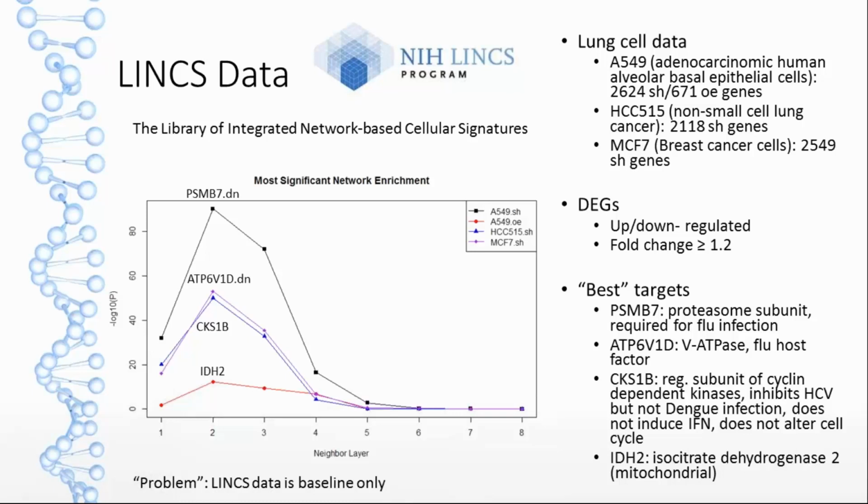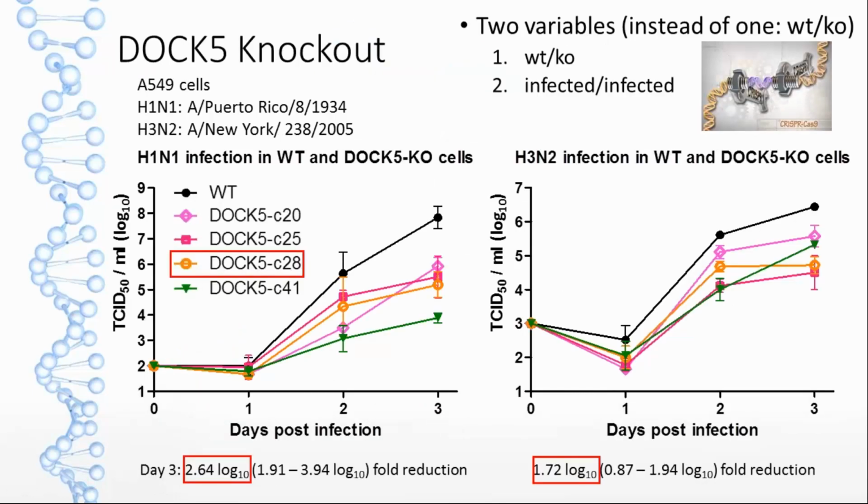So in a similar sense to the LINCS approach, but only for one particular target, and in this case our top 5 target, we were using a knockout in A549 cells orchestrated by the CRISPR approach, and the knockout is done in A549 cells using two influenza strains.